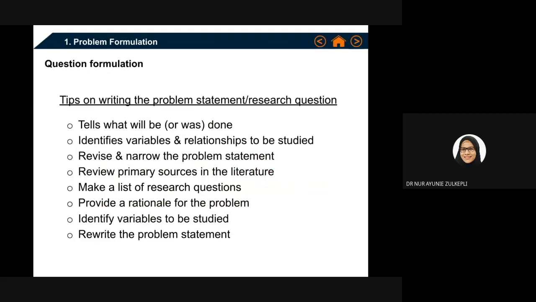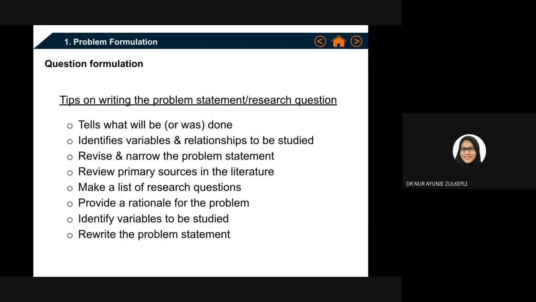Okay, so there are tips on writing the problem statement. You need to tell what will be or what was done, and you need to identify variable and relationship to be studied. So there is a comparison of study as well. You need to revise and narrow the problem statement, review the primary sources in the literature, make a list of research questions, because when you have your main topic, you will not have only one research question, right? When you want to study herbal medicinal plant of plant X in anti-inflammatory, you will not have only one question.